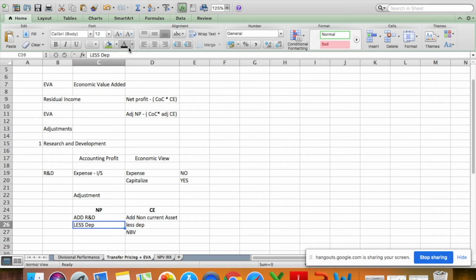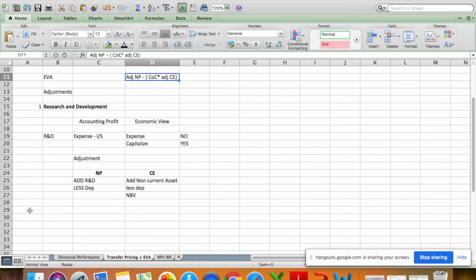In the net profit, we are going to add back the research and development and deduct its depreciation because it is now an asset. And in the capital employed, we are going to add the non-current asset and deduct its depreciation and calculate its net book value. So if you could see the formula for EVA, which I've highlighted, now we've adjusted the net profit and we've adjusted the capital employed. We are going to follow the same formula for EVA.